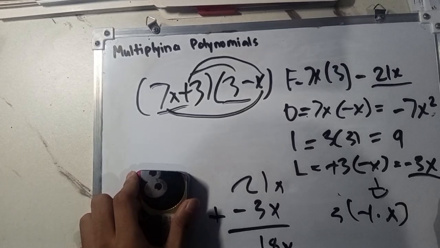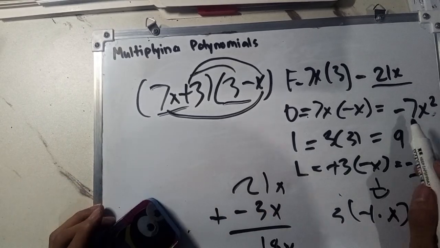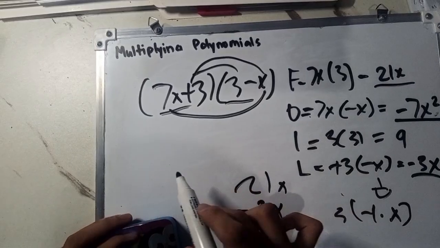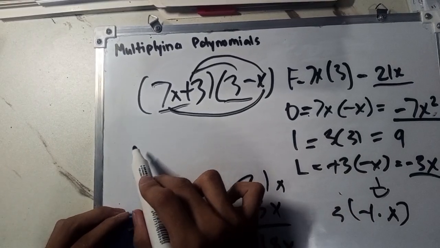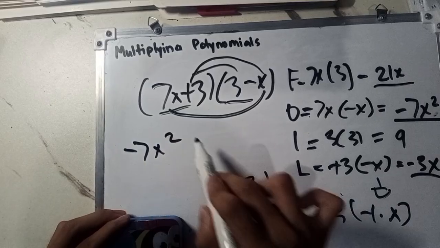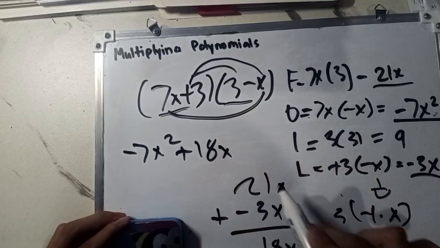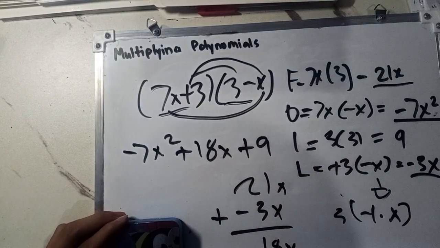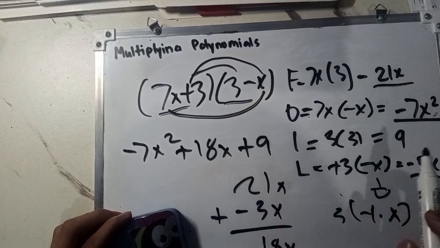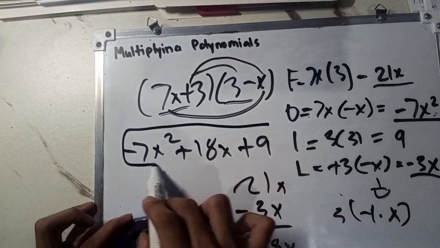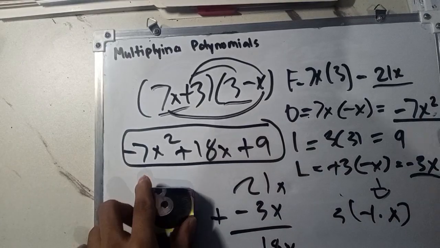Okay, so our answer, from the largest degree, negative 7x squared plus 18x plus 9. So we will have negative 7x squared plus 18x plus 9.